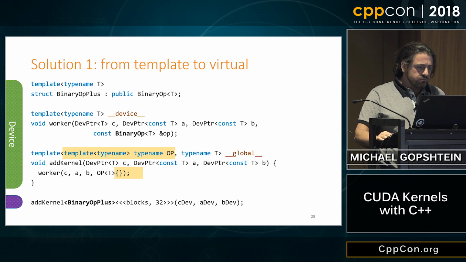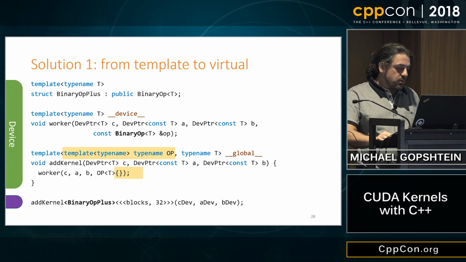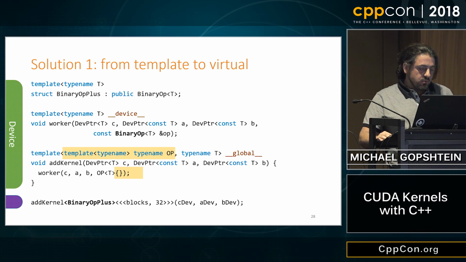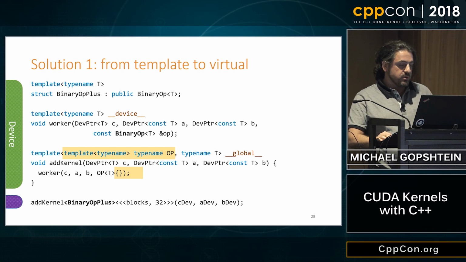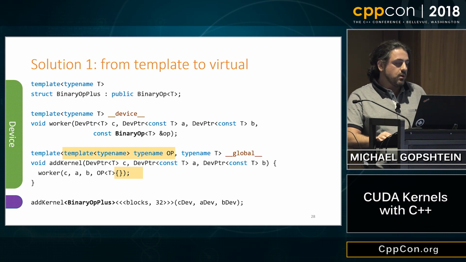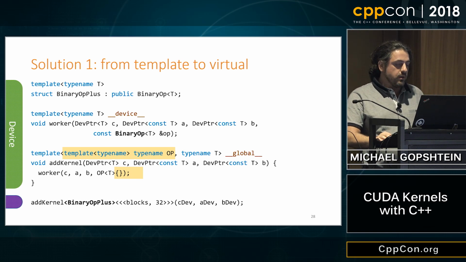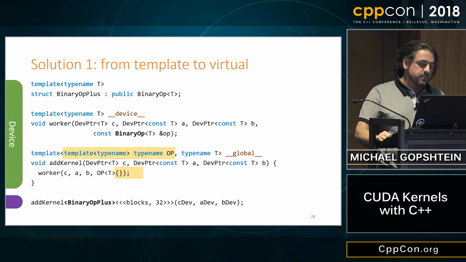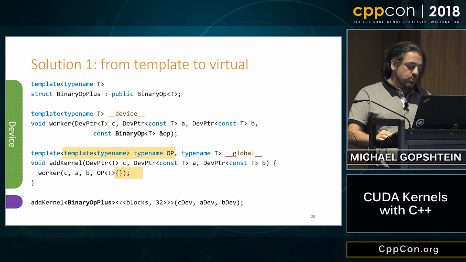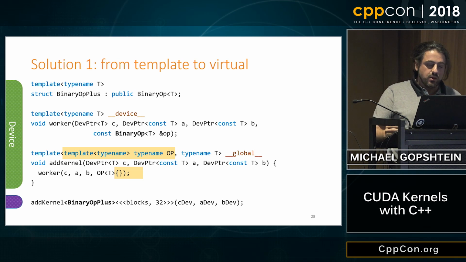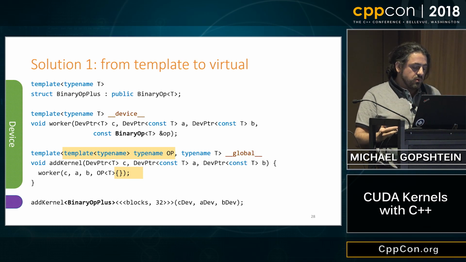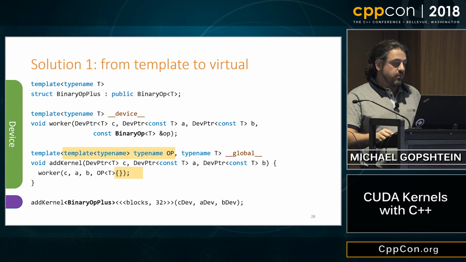OK. So one way that we can solve it is, as we did in the previous example, we can just add a template parameter to our kernel function, instantiate it to binary op plus, and then our kernel function will create the object of the correct type, which implements the interface, and we run the worker, and that's fine.